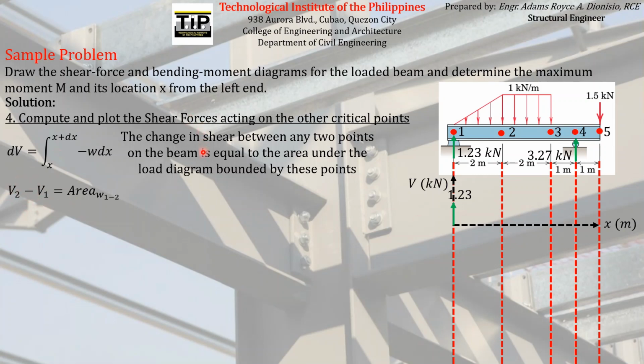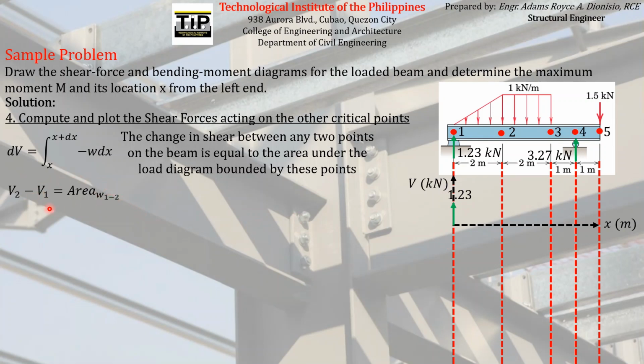And according to this statement, that difference is just equal to the area under the load diagram between point 1 and point 2. Meaning, the difference between the shear force on this critical point and this critical point is just equal to the area of this load diagram bounded by point 2 and point 1.